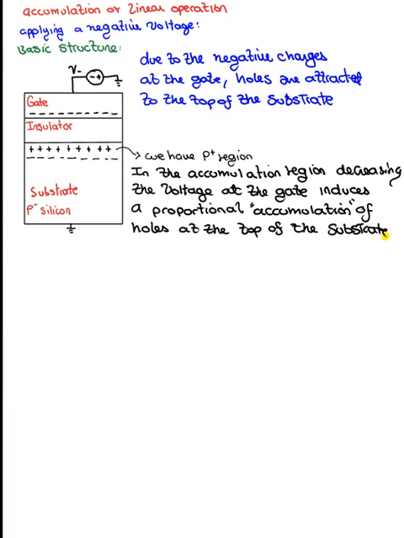And so we said that proportional accumulation, proportional is the keyword, means that we have a linear capacitor. Remember, C is equal to the change in charge per change in voltage. If this ratio remains equal, if we change the voltage by 1 volt and the charge increases by x coulombs, and then we change the voltage by 2 volts and the charge increases by 2 times x coulombs, then the capacitor is linear and the capacitance doesn't change.